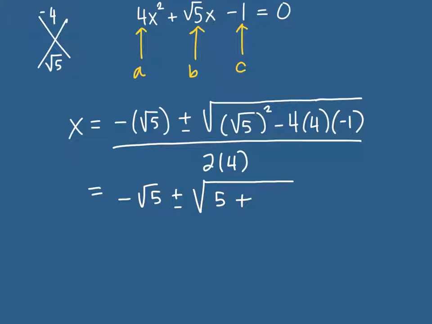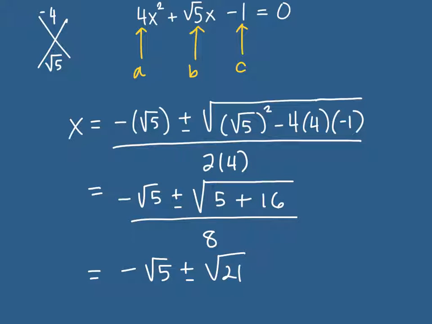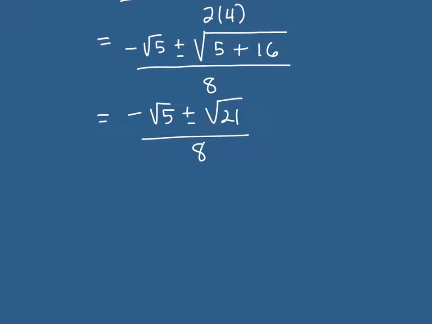Plus, because you've got 4 and 4, negative 1, so it's going to be plus 16 all over the number 8. All right, then we've got negative rad 5 plus or minus rad 21 all over 8.